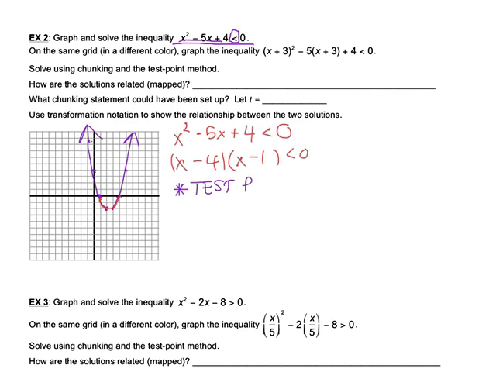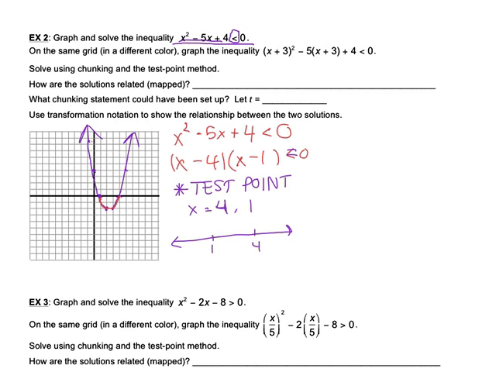Test point method. And to use the test point method, you pretend this was an equal sign. What would our solutions be? Our solutions would be 4 and 1. So to use the test point method, take those two potential solutions and plot them on the number line.